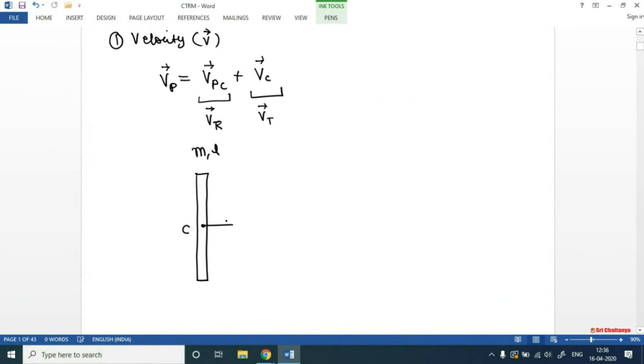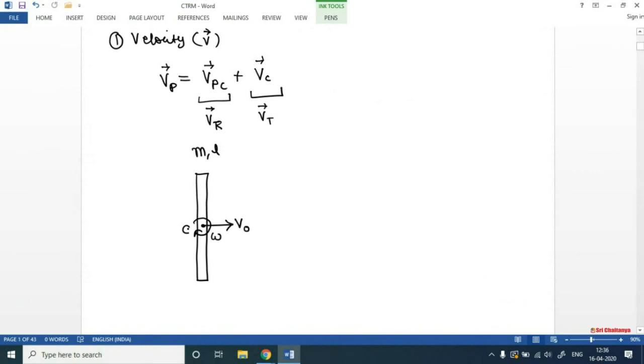Let's say point C is moving with some velocity v naught, and at the same time the rod is undergoing rotation with angular velocity omega about an axis passing through the center of mass.